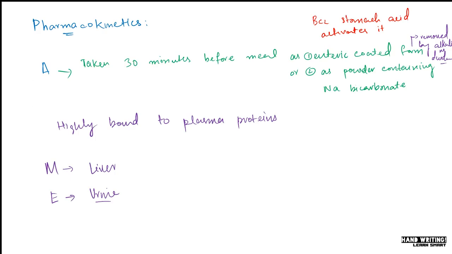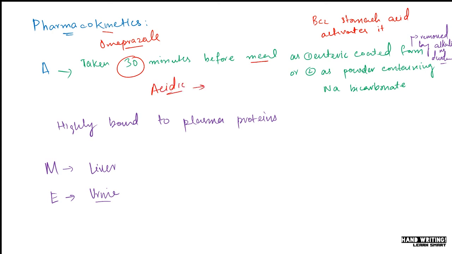Now coming towards the pharmacokinetics of the drug, mostly the prototypic drug, omeprazole. Most of them are usually taken about 30 minutes before breakfast, and they are vulnerable and degraded by the acidic environment in the stomach.